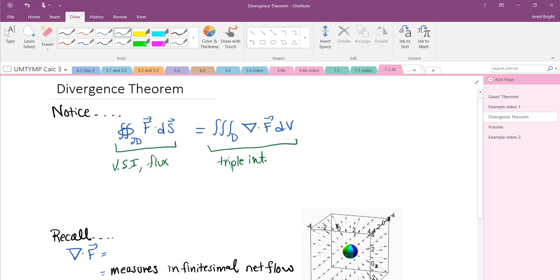right? And so the triple integral, we can think of this as, in quotes, adding up infinitesimal net flow in D, right? That's what the three, oh gosh, I can't even remember the name right now.